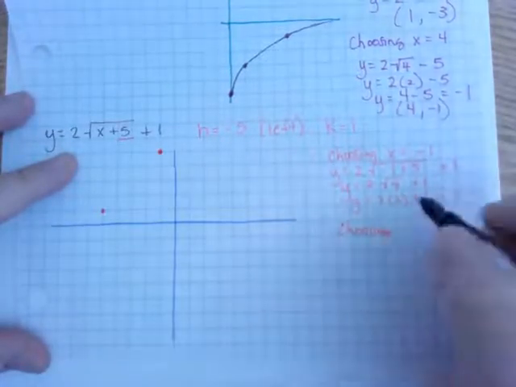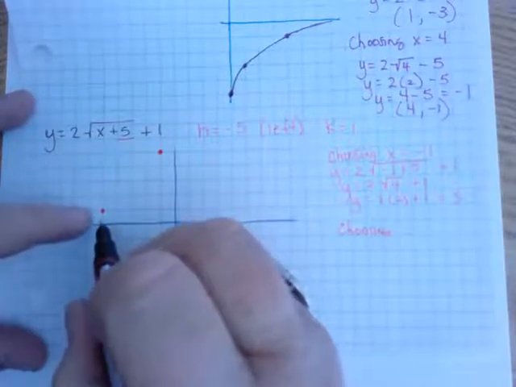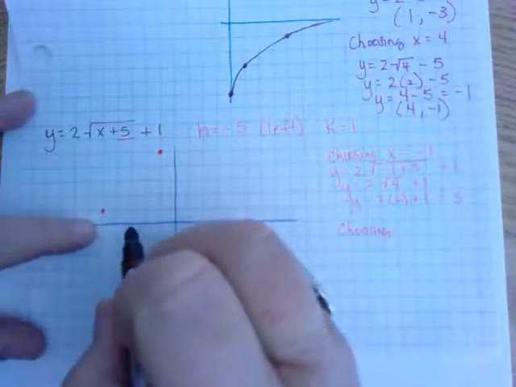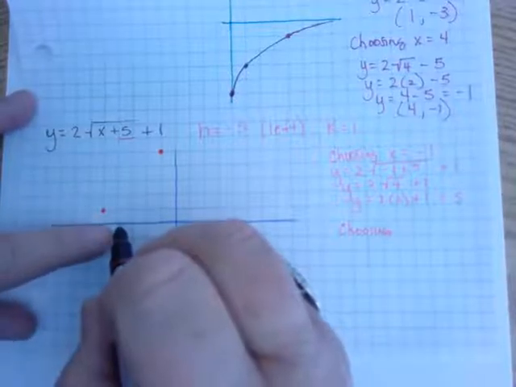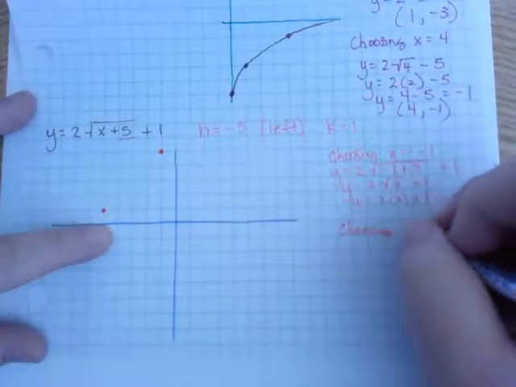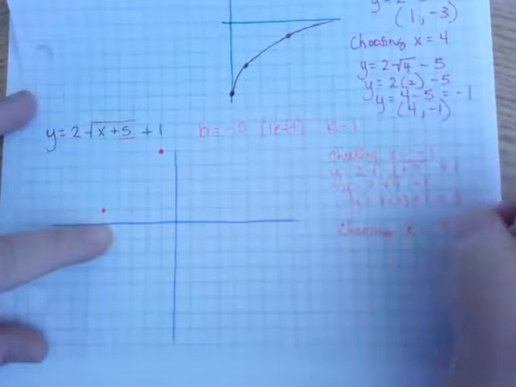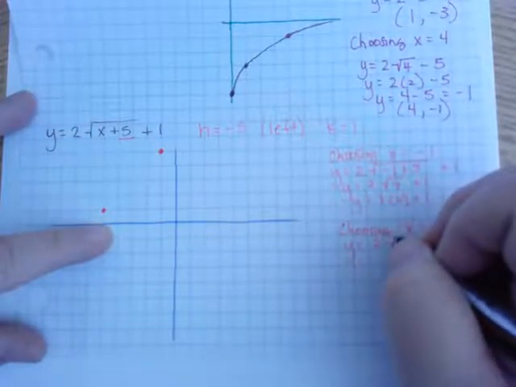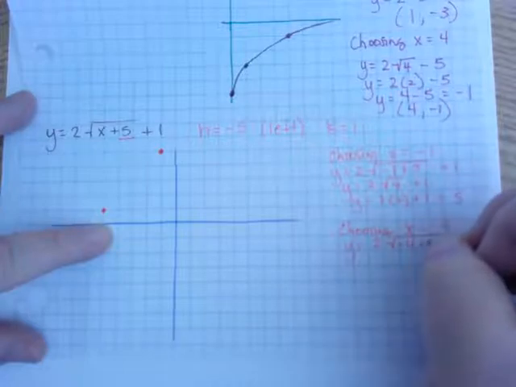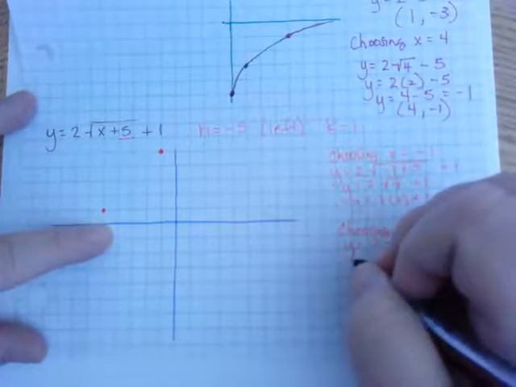I'm going to choose one more point. This time I'm going to choose something between my 2 points here. I'm going to go ahead and go with a negative 4. So I'm choosing x to equal negative 4. Substituting that in, 2 times the square root of negative 4 plus 5, plus 1.